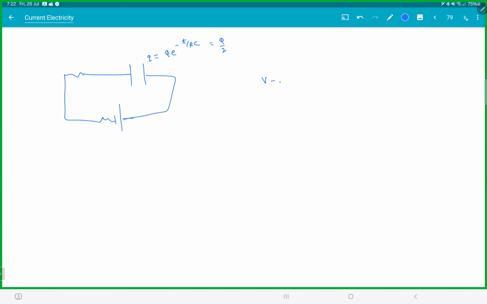Now if I try to integrate this, what will I change? We would have to use KVL again: CV minus IR minus q by C equals zero, with I as dq by dt. पूरा integrate करना पड़ेगा. In the previous integration, you can just put other limits, Q by 2 to q. This would be minus ln of (CV minus q) by (CV minus Q by 2) equals t by RC.